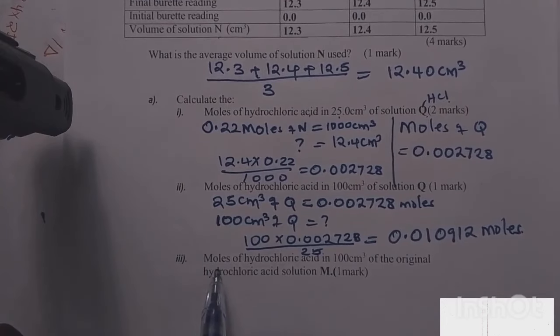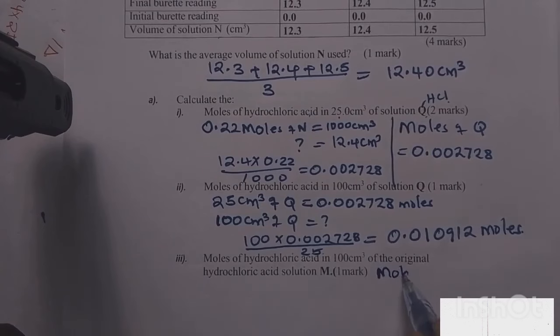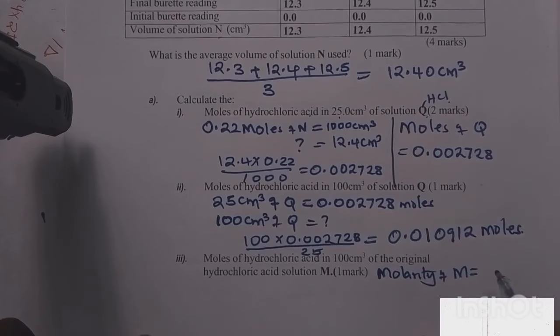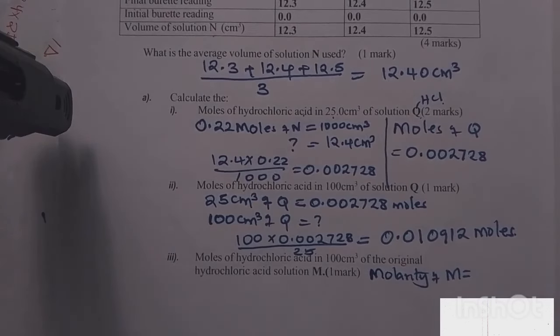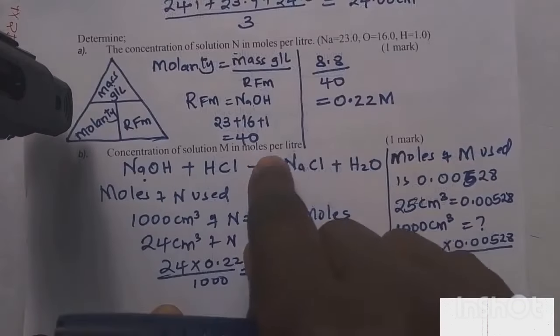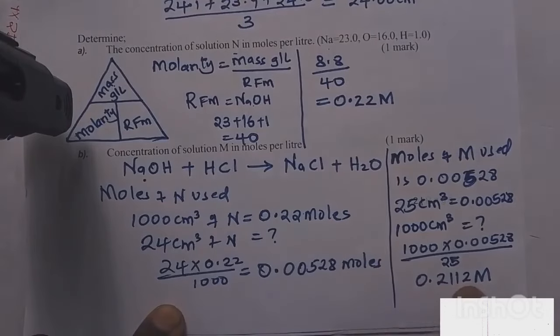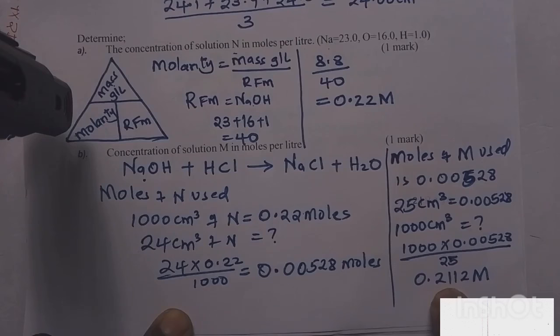Calculate the number of moles of the 100 original hydrochloric solution M. Remember the molarity of M, we calculated it in the first procedure. Let's go back and refer to M, which is 0.2112. So now we are going to use this one because we know this is the number of moles in 1000. We will ask what about the number of moles in 100.